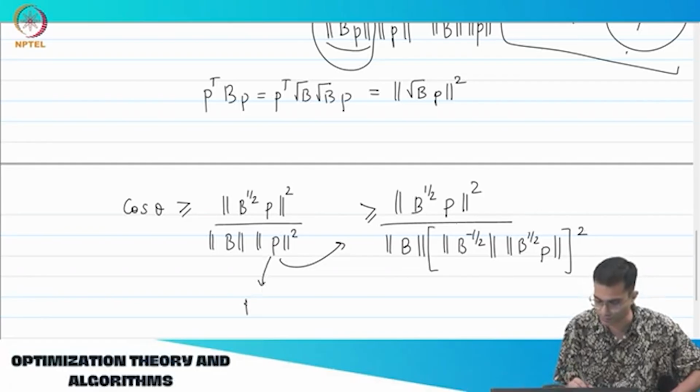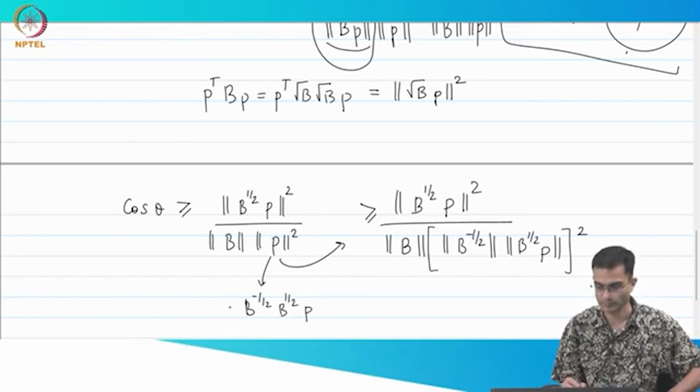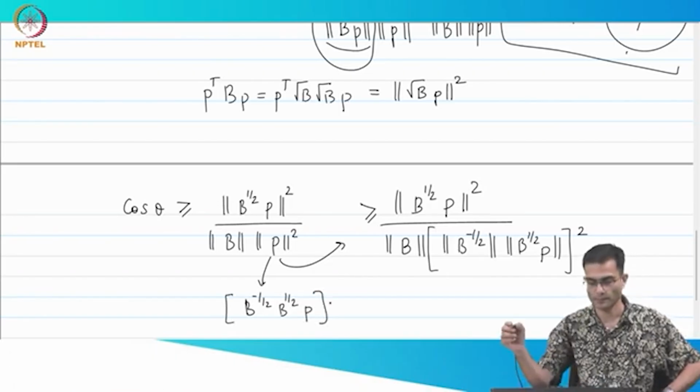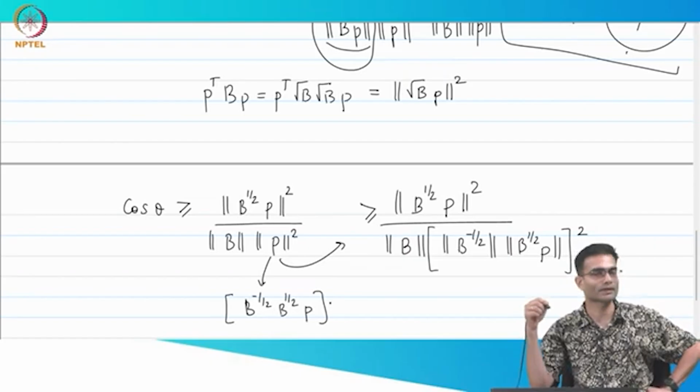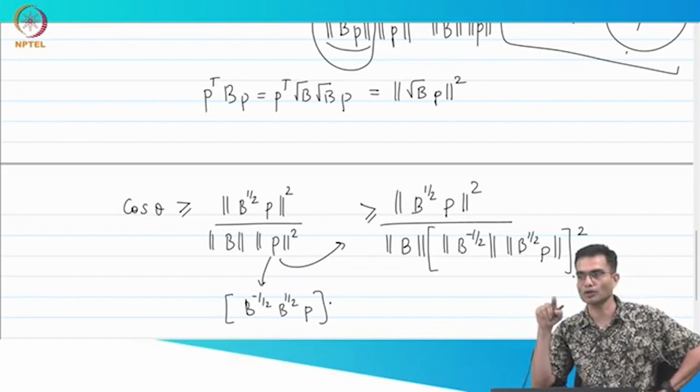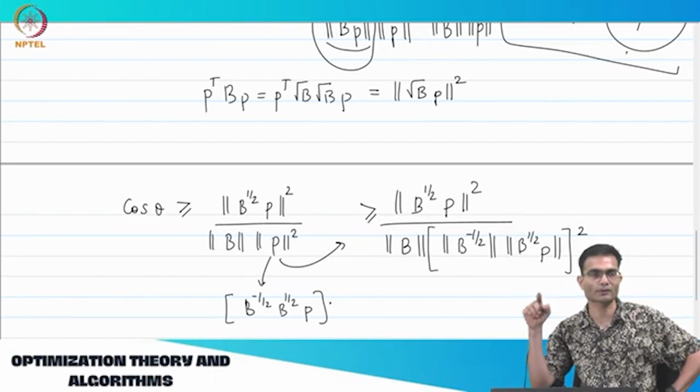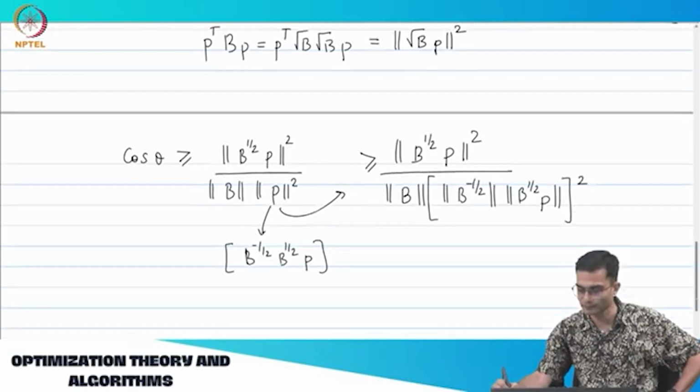So what I did was, is the inequality still valid? I use that norm of A into B is less than or equal to norm of A into norm of B. So I've used that trick a second time.